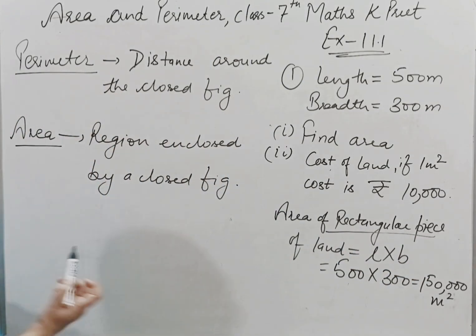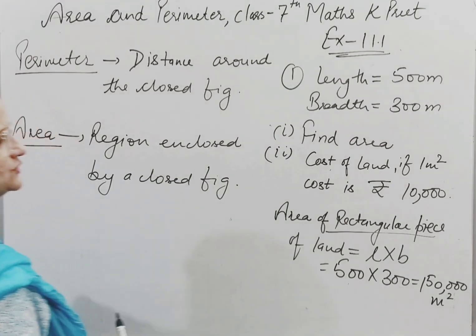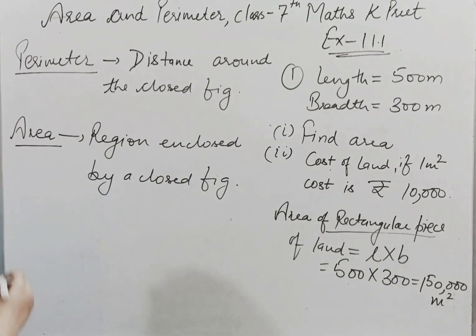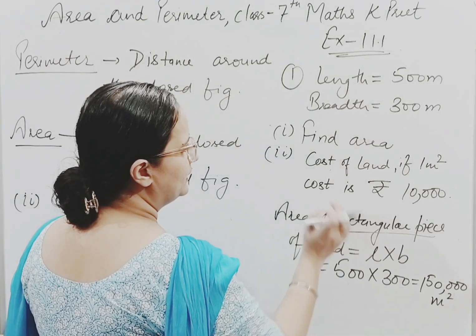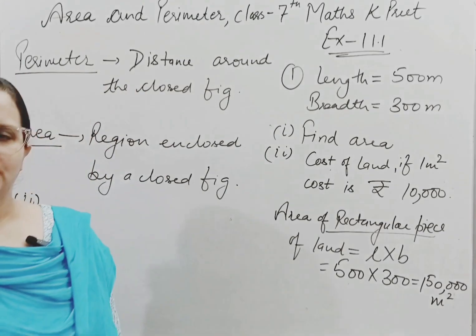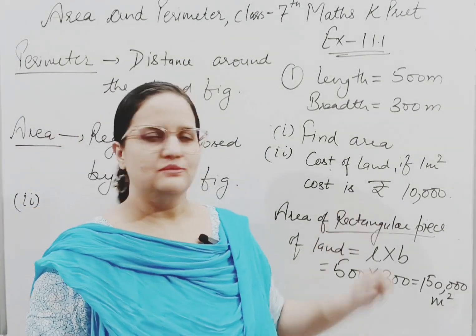Second part is saying cost of land if 1 meter square cost is rupees 10,000. Second part I am doing here, cost of land. So this much area we have, and 1 meter square piece of land is costing us rupees 10,000.